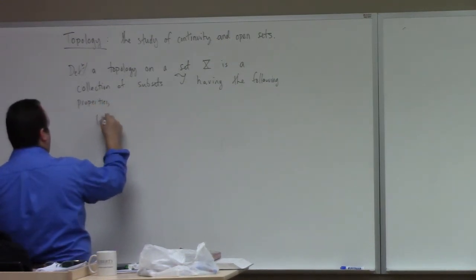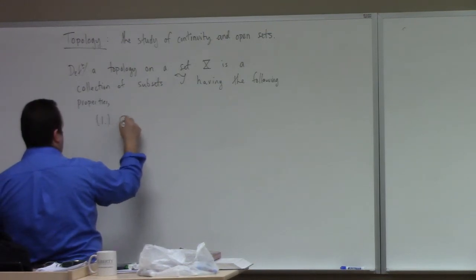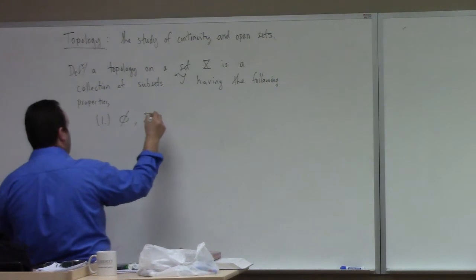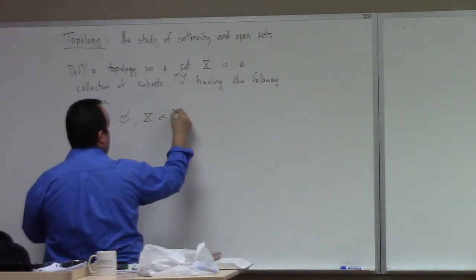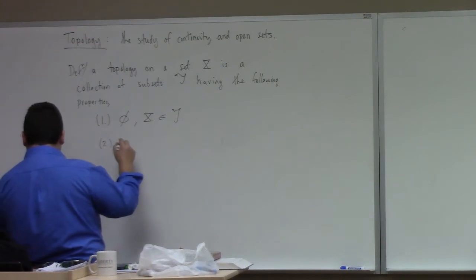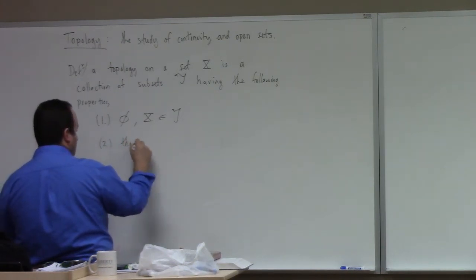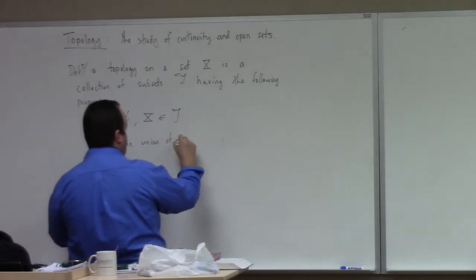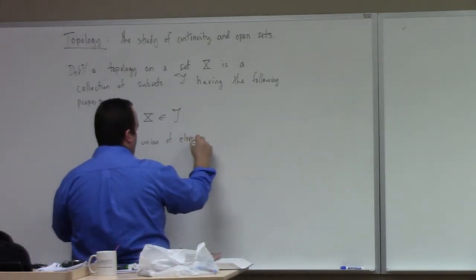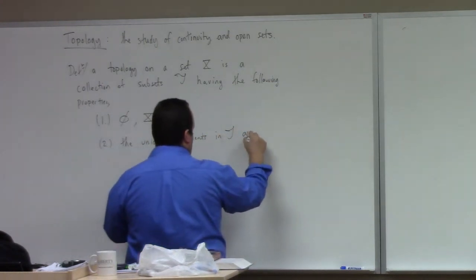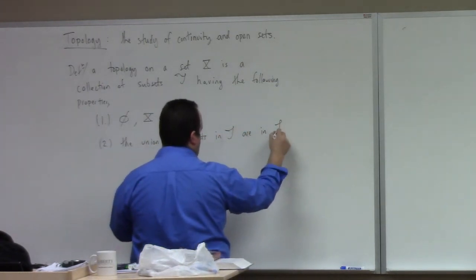Number one, you need that the empty set and the whole set are elements of your topology. Number two, the union of elements in the topology are in the topology.